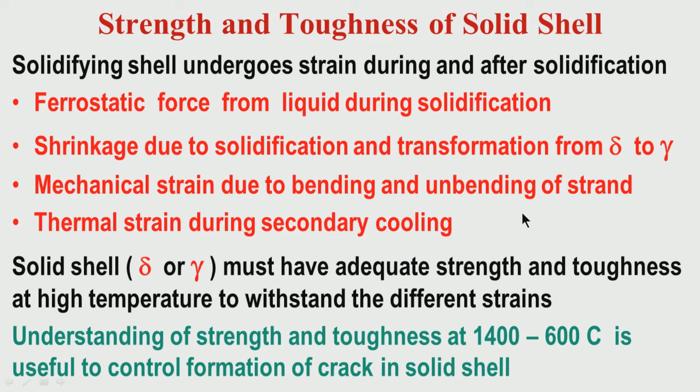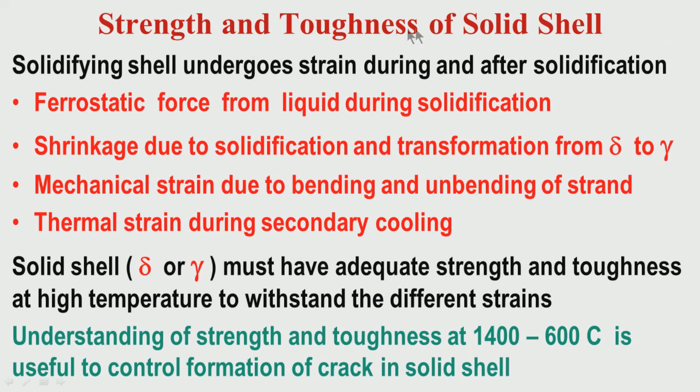If it cannot withstand, then there will be a formation of crack, and if there is a formation of crack, then in the final solidification product also you might be having crack at different depth, maybe at the surface, maybe subsurface, maybe internal. So these are the problems of quality, these are the issues of quality we have to keep in mind.